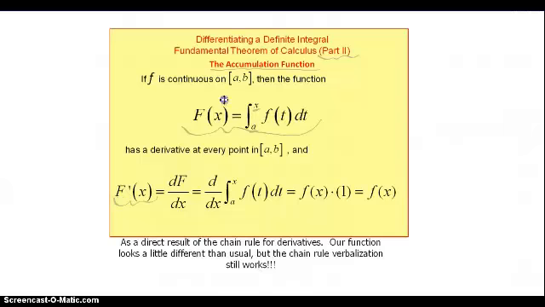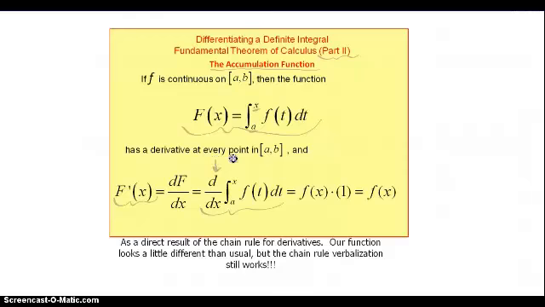If I have a function defined as an integral and I'm going to take the derivative of that function, whatever I do on one side of the equal sign, I've got to do the same thing on the other side of the equal sign. So you can see in this step right here, all I've done is take this function defined as an integral, and now I am going to take the derivative of the integral.